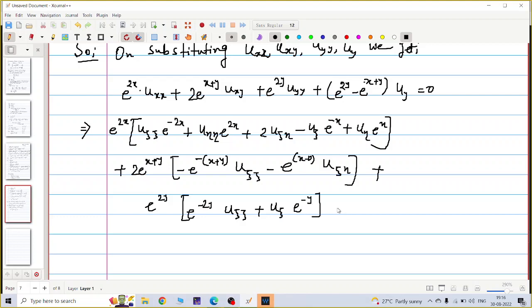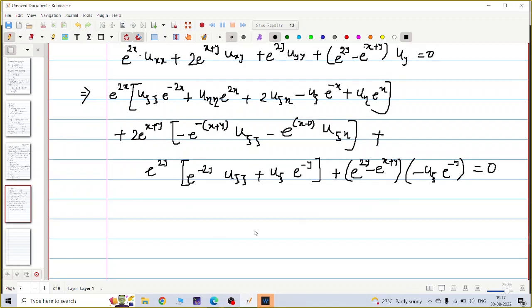And what is this term, uy? uy is only minus u_xi into e power minus y, equal to 0.